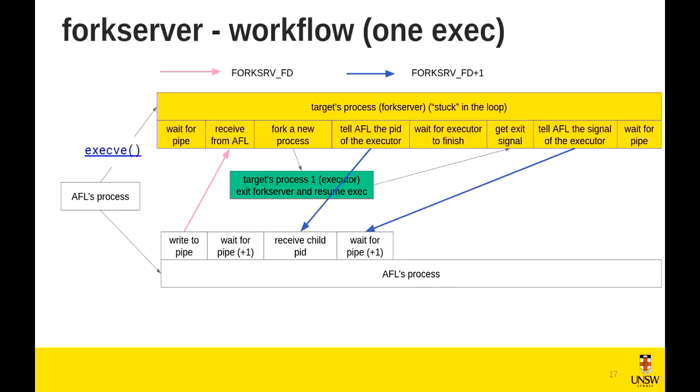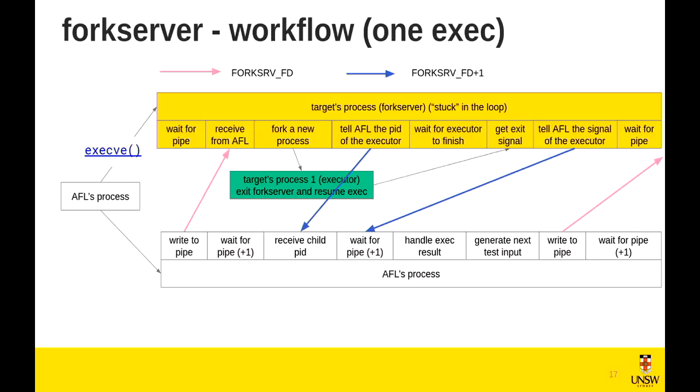And AFL will use the signal to check if there is a crash with the test input or not. And then it will use the signal to handle the execution result. It will generate the next test input. And then once the next test input is ready, it will start another iteration of the loop.